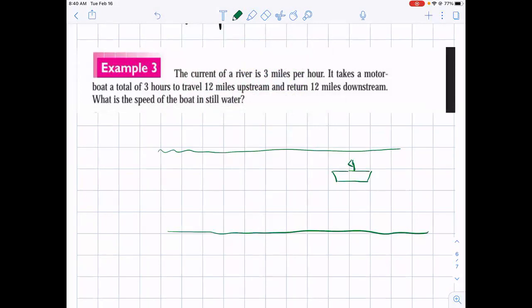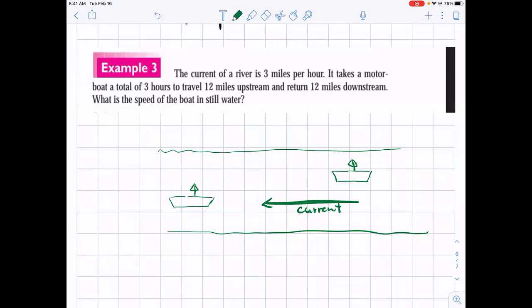Okay, and let's say we have another boat somewhere over here. I think that's how a boat is drawn. We can put a little sail in it, whatever. But it has engines, so it can't be a sailboat. And the current, the water is moving this way, right? This is our current.